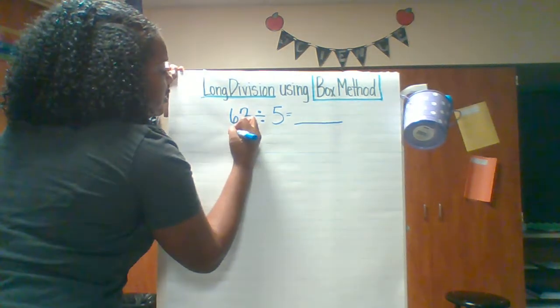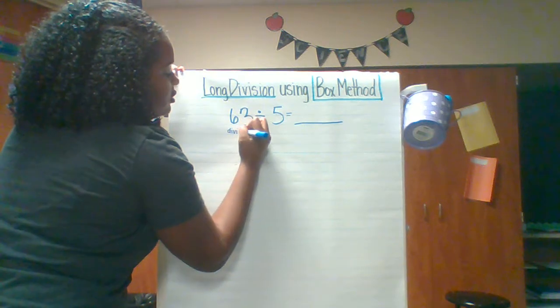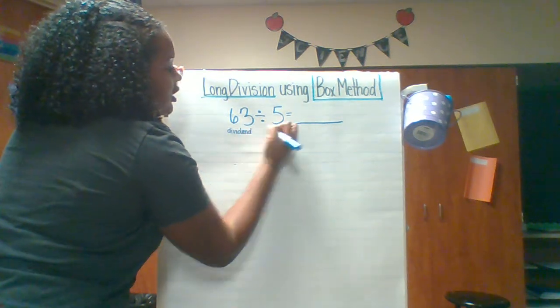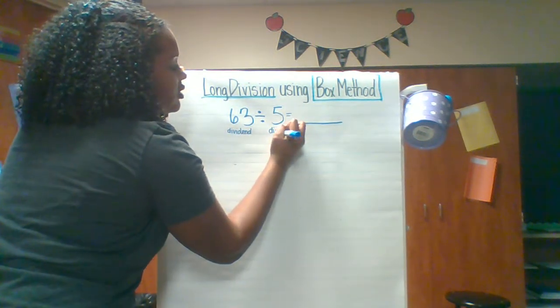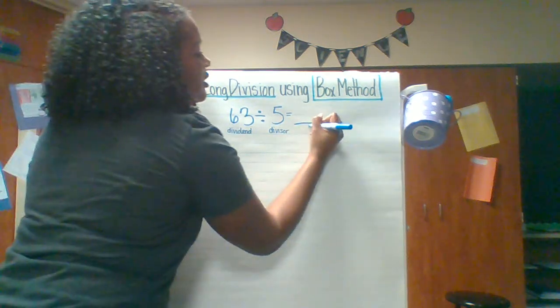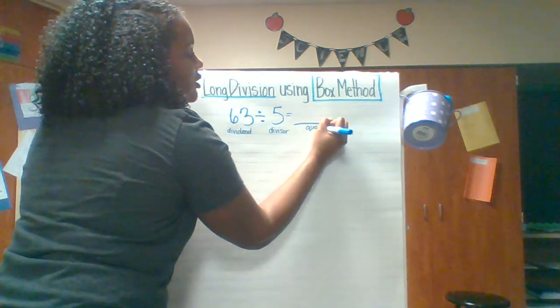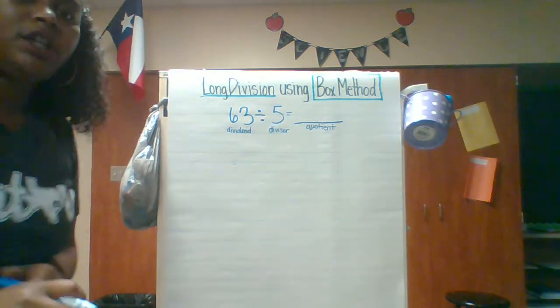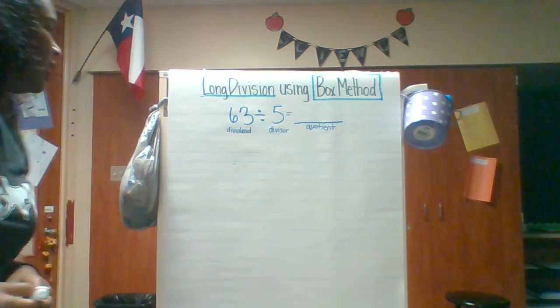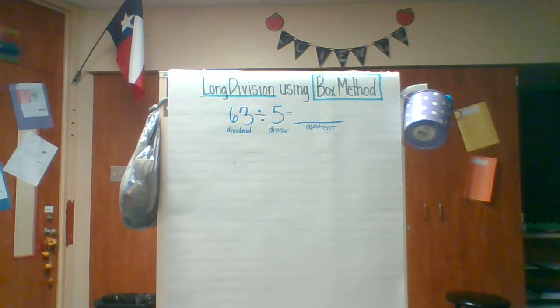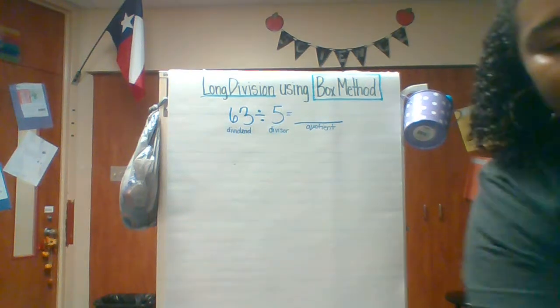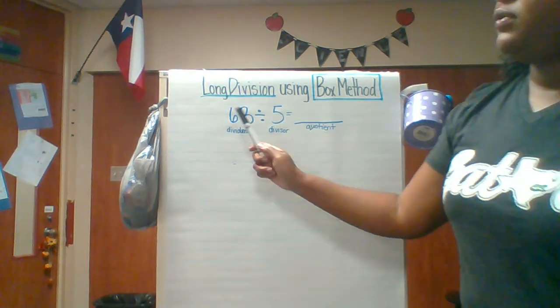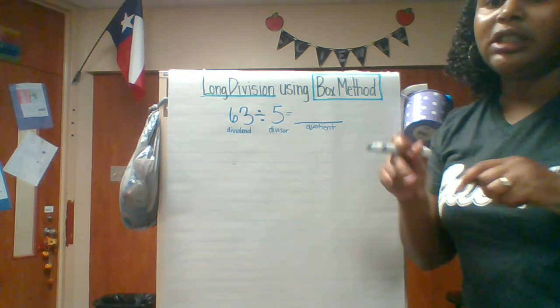So remember, this is our dividend. This is my divisor, and this is our quotient, the answer to a division problem. So to set up this box method, let me get my black marker. I have in my dividend a 2-digit number.